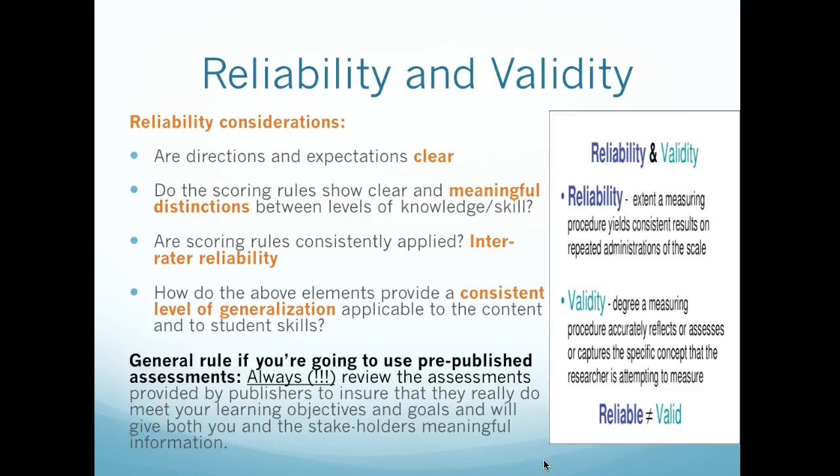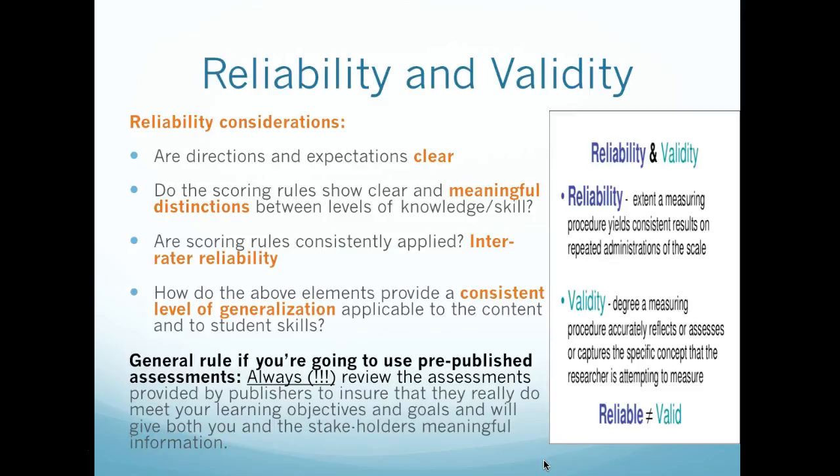Things to consider for reliability: are the directions and expectations clear? So in your traditional test items, please make sure to include directions. Do not assume I know what they are, and do not assume the students know what they are. Do the scoring rules show clear and meaningful distinctions between knowledge and skill? That was especially true for our rubrics. Are the scoring rules consistently applied? Not only inter-rater reliability, but does everybody get the same score based on the same answer?